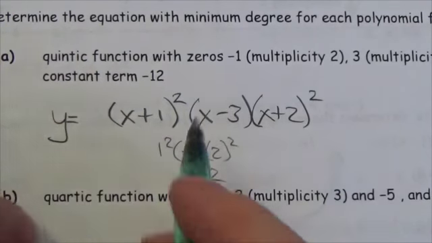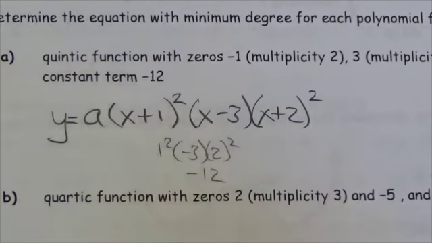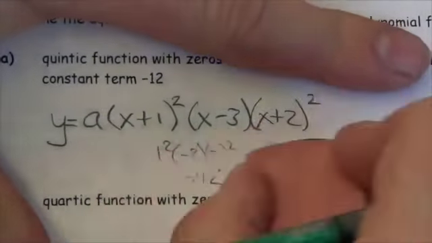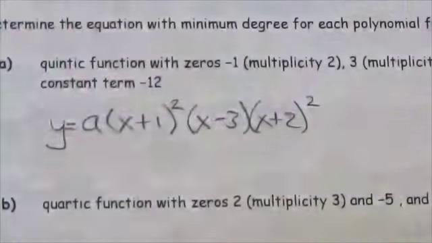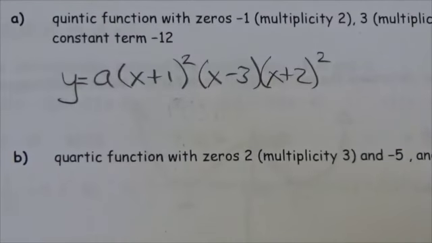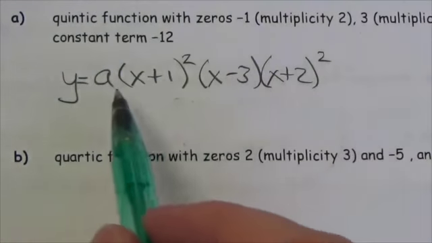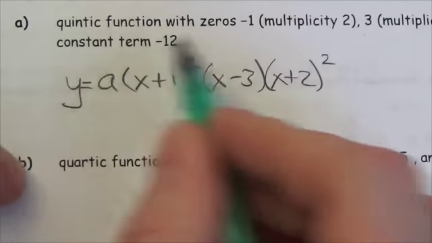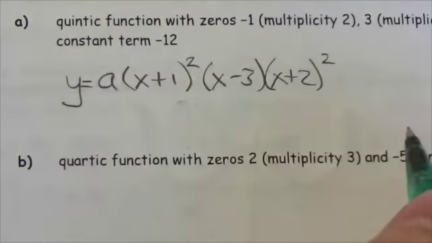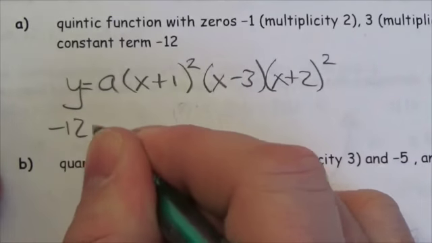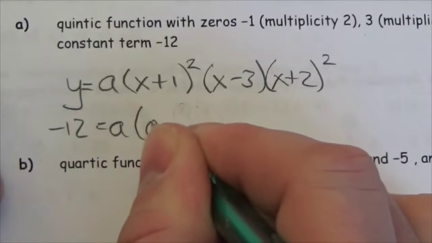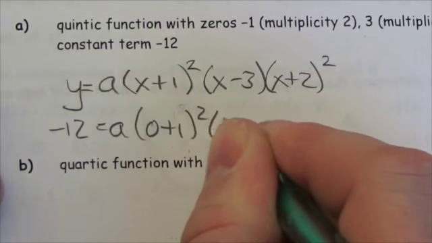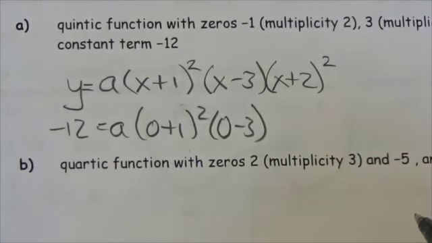So normally what I would have here is an a, a stretch factor. But I'm already convinced that my stretch factor here is going to be 1, because if I'm going to have a constant term, that means my y-intercept is going to be -12. My y-intercept here, -12, is going to occur where x is equal to 0. Sorry, I can't believe I said 1.